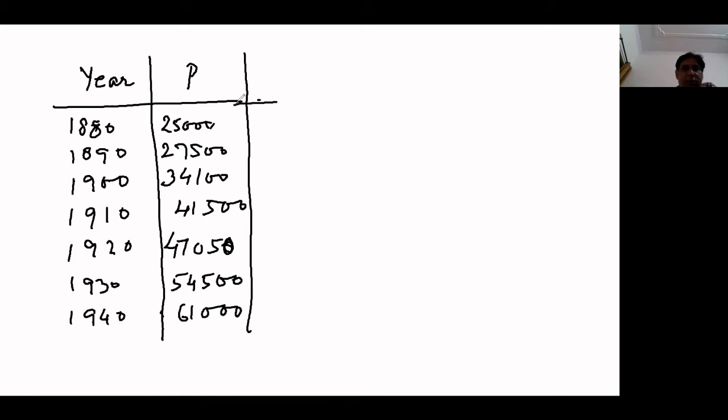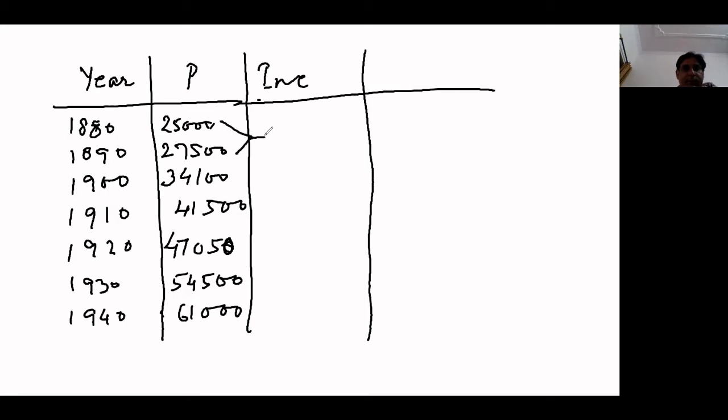So the first step would be to calculate the increase. What is it? 2,500 plus. What about this? It would be plus 7,400.